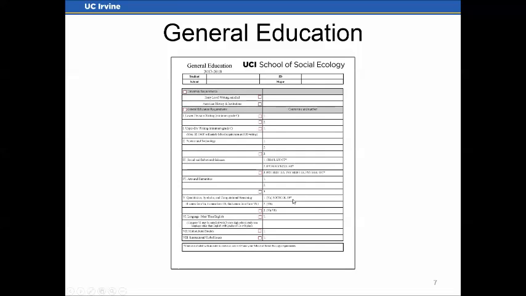That will count towards category 5A. You need to take another course in the 5B subcategory, and the third class could be either in the 5A or 5B. You will see these broken down on your degree audit later on when it's available. Right now, these degree audits may not be available because it's a little too soon, but you will be able to see and monitor your progress online, looking on your degree audit or DegreeWorks, as we call it.